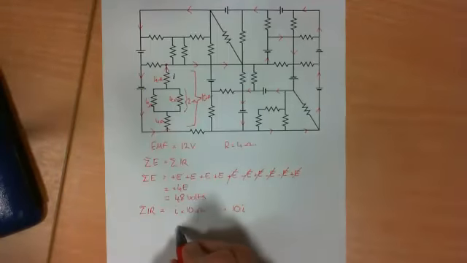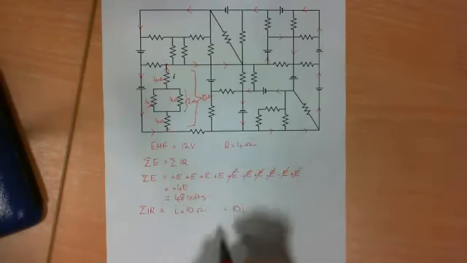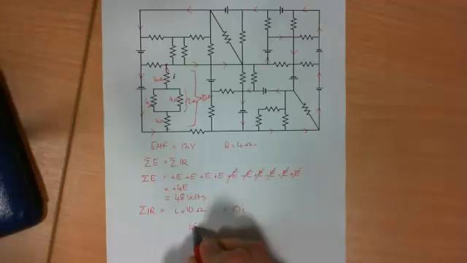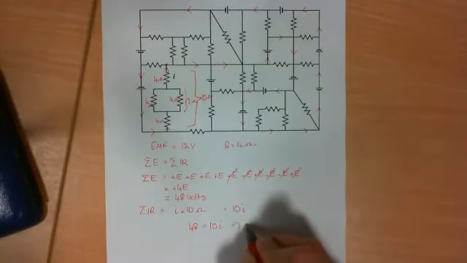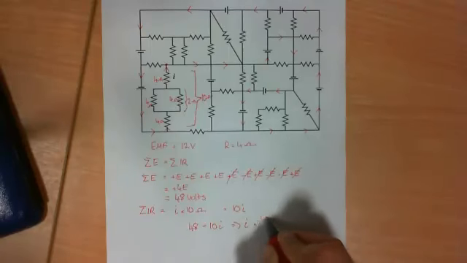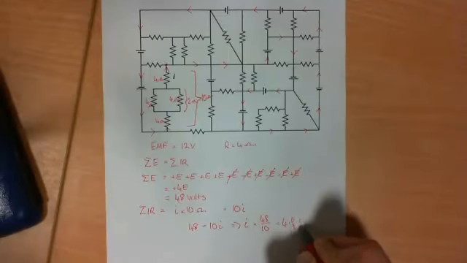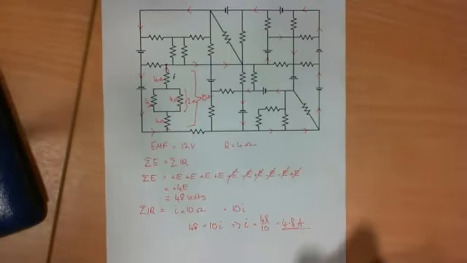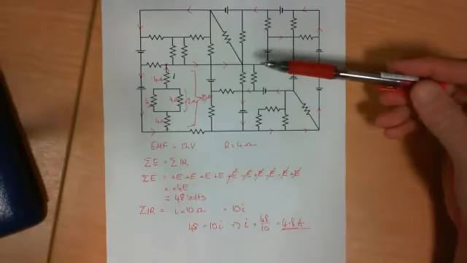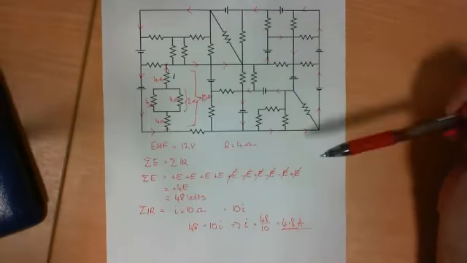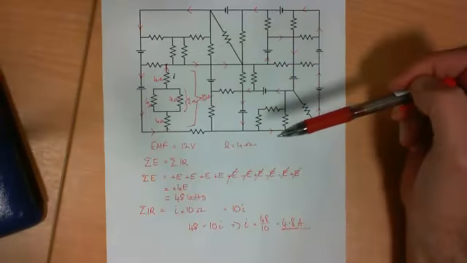And now we equate these two things. Remember, sum of the EMFs is equal to the sum of the potential drops. So 48 is equal to 10I. In other words, our current I equals 48 over 10, or 4.8 amps. So there we go, we've made our life easy, not had to solve any simultaneous equations because we found a route that basically only gave us one unknown, which was the current we're trying to find.